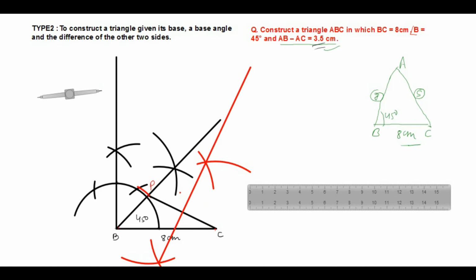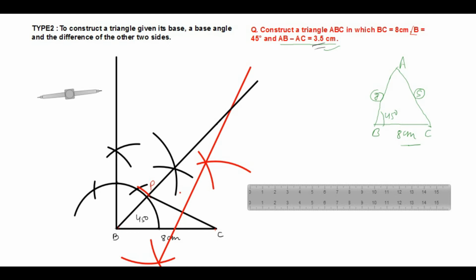Okay, and then you will see this perpendicular bisector and the original line of the 45 degree angle will intersect at a point. Since here we have a gap, we have to extend the line further. Both lines are intersecting at this point.